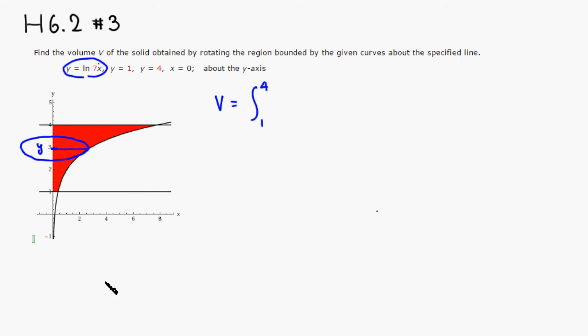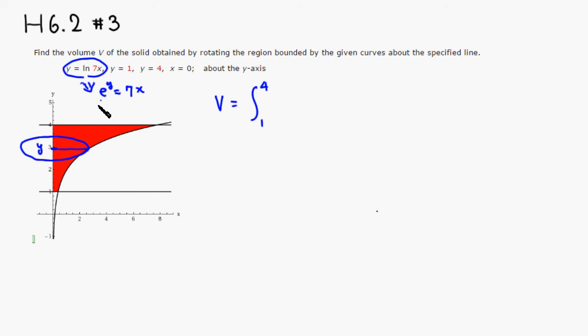But since we're looking for x, I'm going to solve this for x. So raise e to both sides. You have e to the y is equal to e to the natural log of 7x, which is 7x.